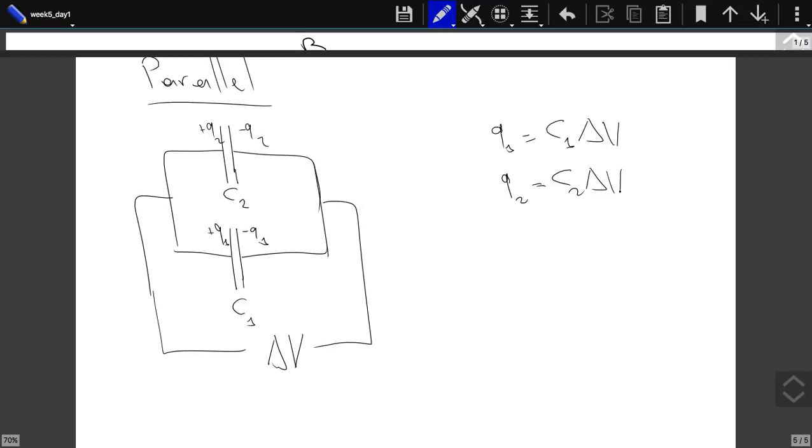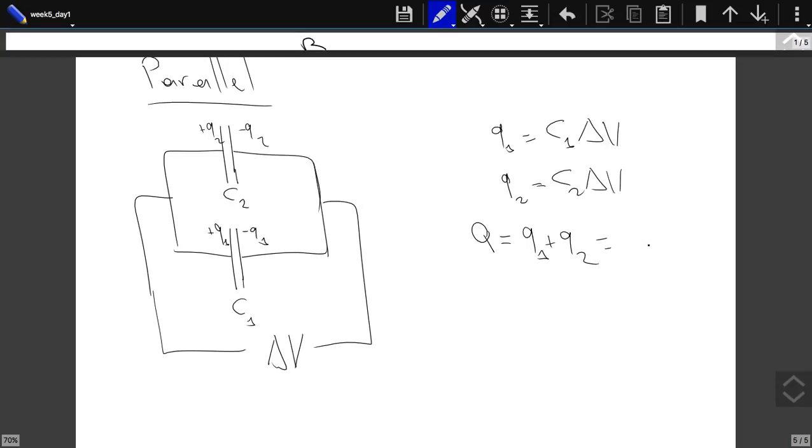Now, to create this potential difference across this system, you just moved some charge from this plate to this one. How much charge did you move? Q. The total charge you moved is Q1 plus Q2.